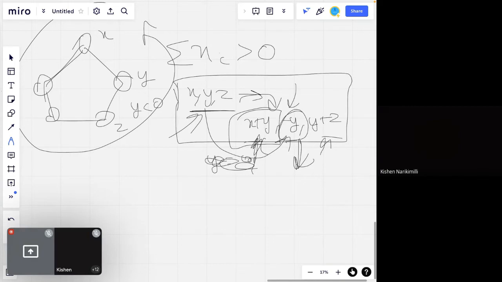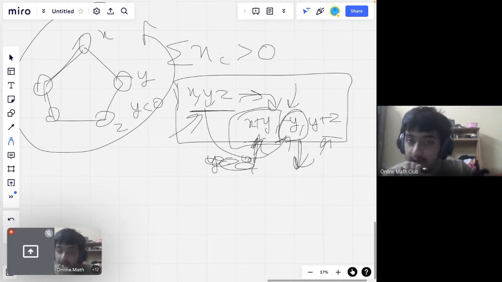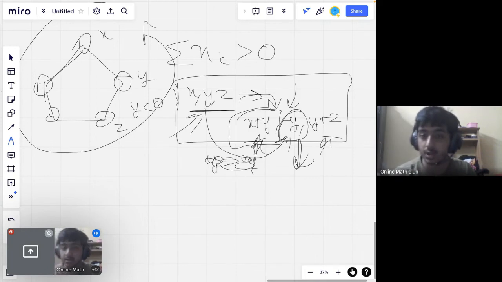An observation is that x minus y plus z decreases after every operation. That is a very interesting observation. But is that really useful? If you choose x, y, and z here, there are still two other numbers which you are miscounting.